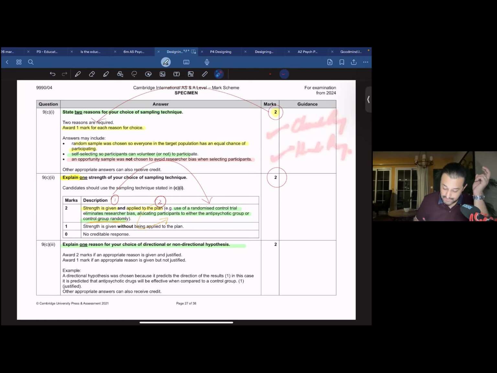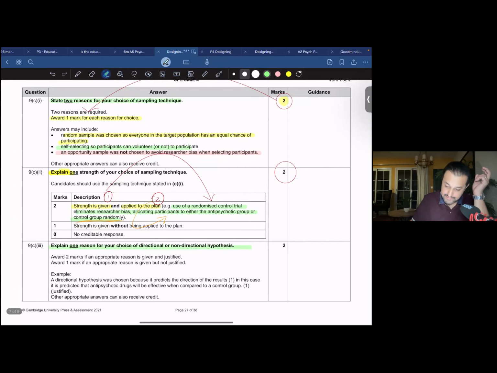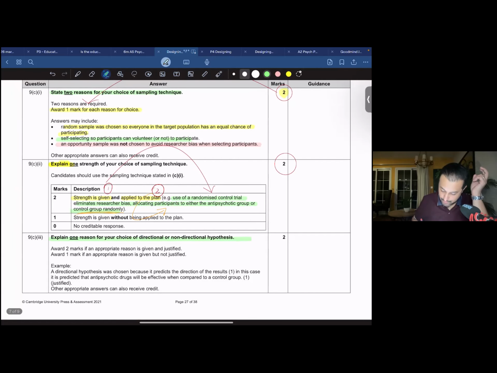Now, explain one reason for your choice of directional or non-directional hypothesis. Award 2 marks if an appropriate reason is given and justified. You give an appropriate reason and you justify it. That is how you get these 2 marks. You get the first mark for giving an appropriate reason and the second mark for justifying it.